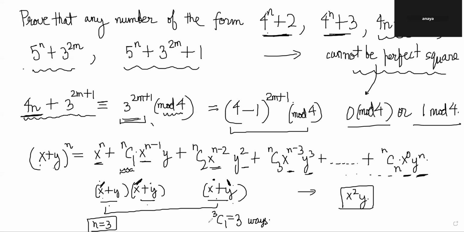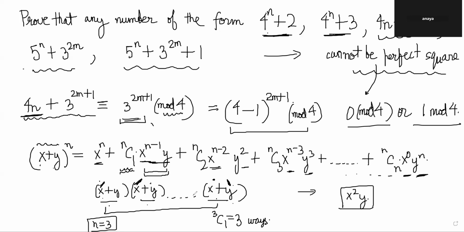Do you understand why there will be three such terms? So the point is, when it is to the power n and you want to make a term like this, you are selecting one y and n minus 1 x's from the n brackets. But that one y can be selected out of the n brackets, any of the brackets could have been that y.